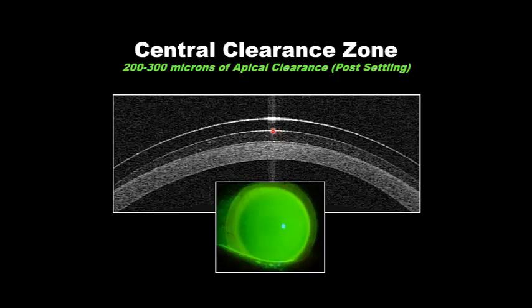Consider if you have only 100 microns of apical clearance, will that be enough to allow for vault on the periphery where you may have a penetrating keratoplasty, a transplant with a very high spot, or a keratoconic with a bulging volcano coming out of one portion of the cornea.